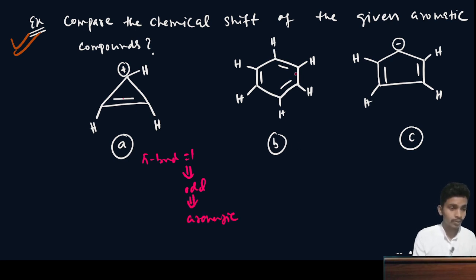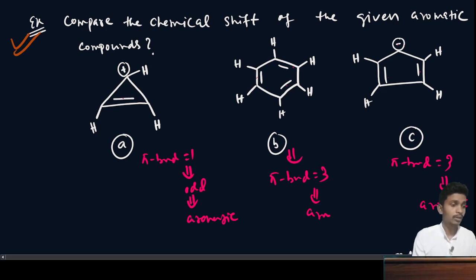For this case also, 1, 2, 3 pi bonds, so odd, so this is also aromatic. For this also, pi bond 1, 2, and here also it is in conjugation, so this is also 2 electrons, just like a pi bond, so the pi bond count is 3, which is odd, so this is also aromatic. Now all are aromatic. Now how will you compare the chemical shift values?